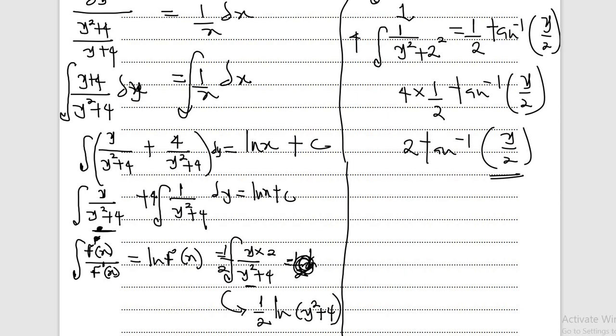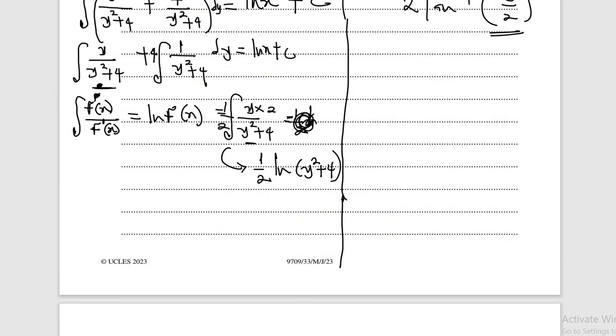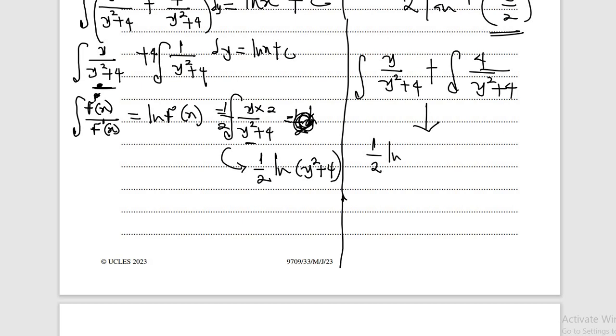So at the end of the day, the integral of y/(y² + 4) plus the integral of 4/(y² + 4), I mean the left hand side of the equation we are dealing with, gives us 1/2 ln(y² + 4) plus 2 arctan(y/2). That's the left hand side integral.